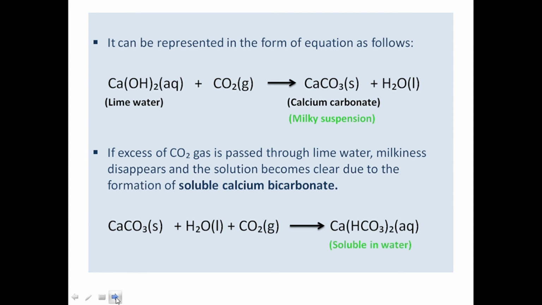So this is the overall reaction. This water is formed here because of the presence of water which is formed in this experiment, you can see here. So this is the product of this reaction, which acts as a reactant for this reaction, and we just need to add this carbon dioxide gas over here and we get calcium bicarbonate, which is soluble in water.